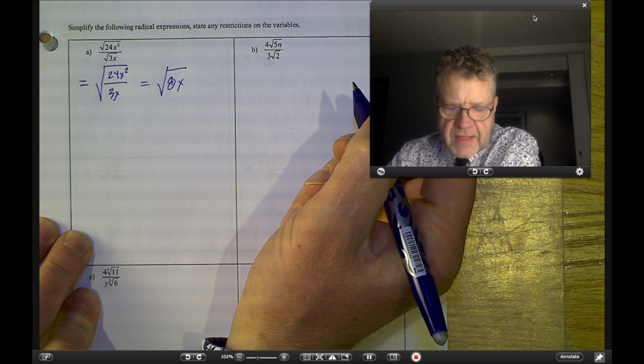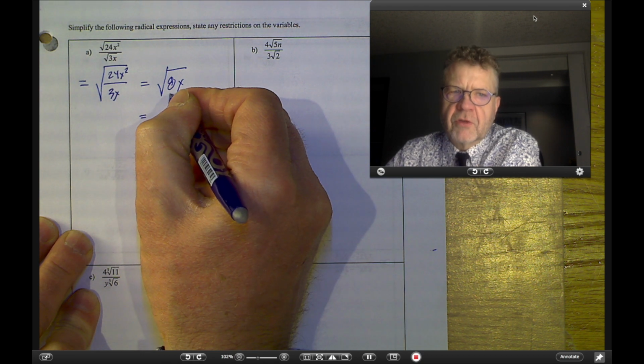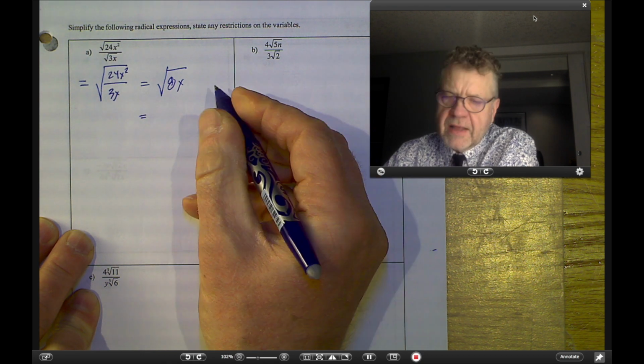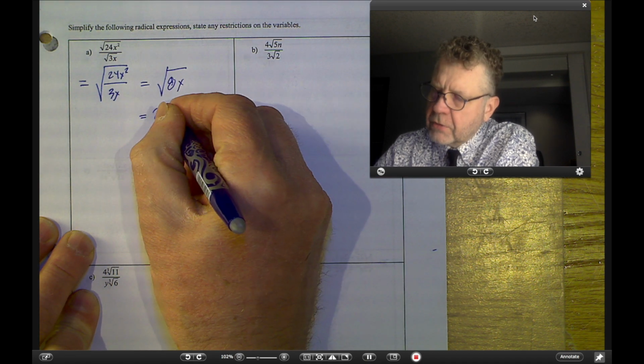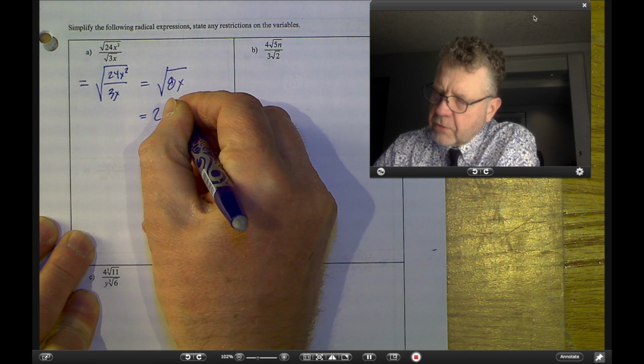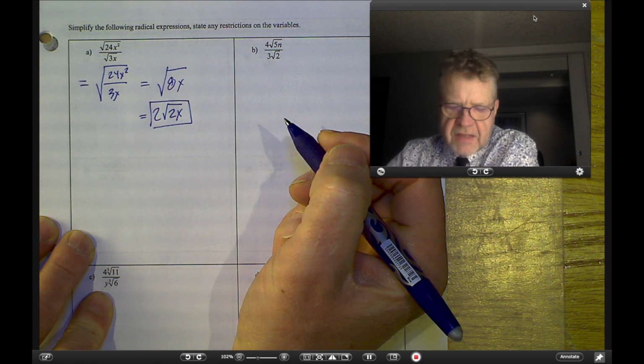Boom, like that. And then all we got to do is see if there are any perfect squares in the root 8, and there are. It's a 4. Square root of 4 is 2, so 2 times the root of 2x. Boom, there we go. Okay, easy peasy, lemon squeezy.